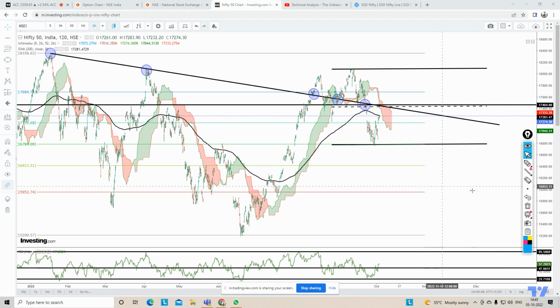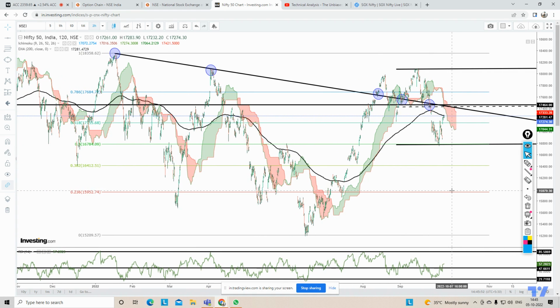Second, last, I would say, if you look at the RSI, it is also giving us a very clear indication of topping out and bottoming out. So if you see the area of 85, this area, this area, this area, this area, these are the clear signals of topping out in Nifty, right?